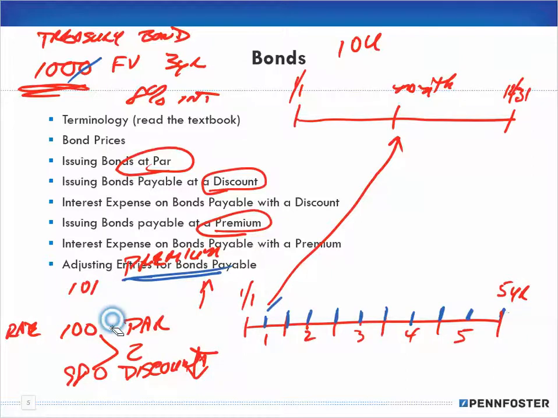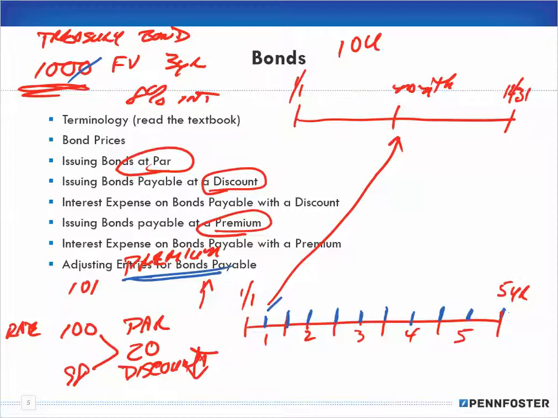So basically, you're buying it at a discount of $20 less. You're going to pay 98 for it, but when you go to redeem that bond, you're going to redeem it for $1,000. So you're actually going to make $20 on it because you bought it at a discount.